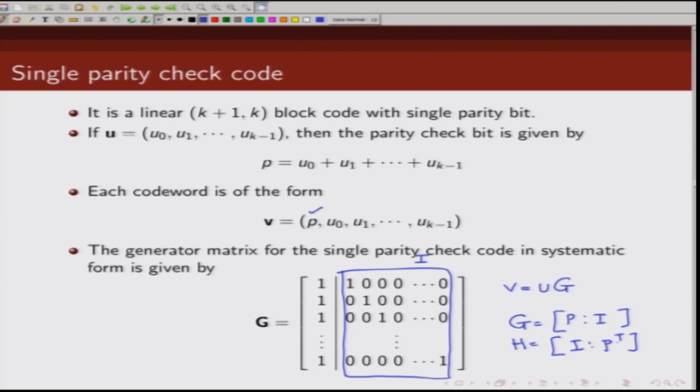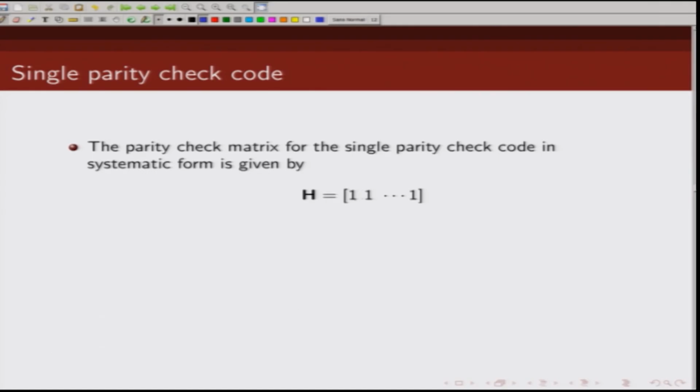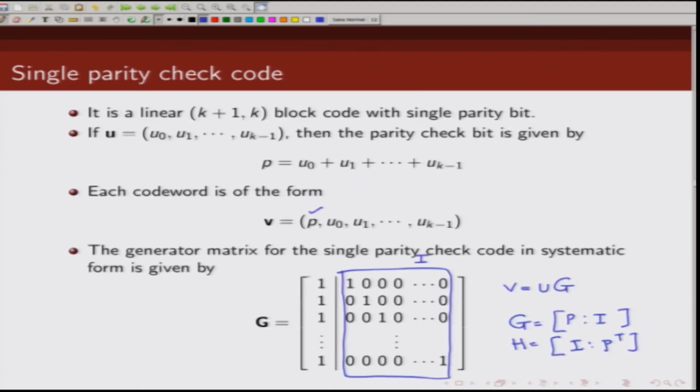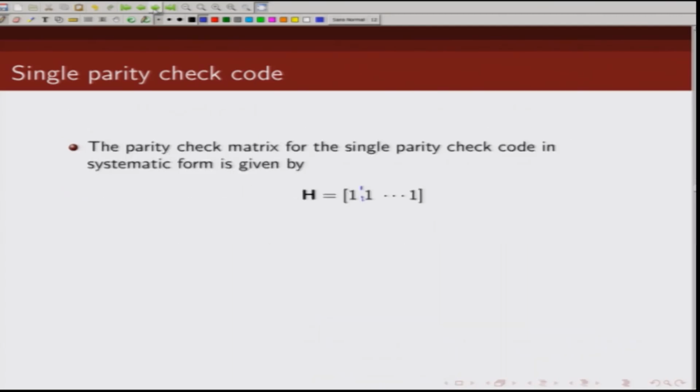This part is my P and this part is my I. So, the parity check matrix will be I P transpose. So, that is this.